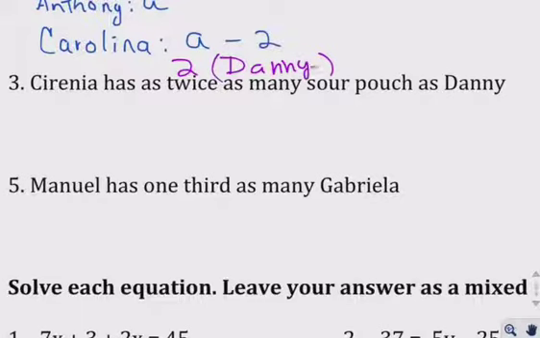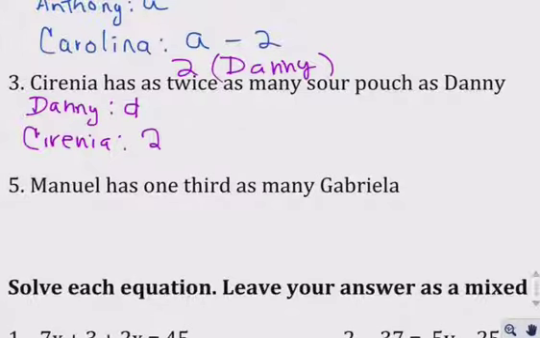So instead of writing all of Danny, we want to let people know that Danny is going to be the letter D. Okay, Serenia has twice as Danny, so 2 times D, 2 times Danny.